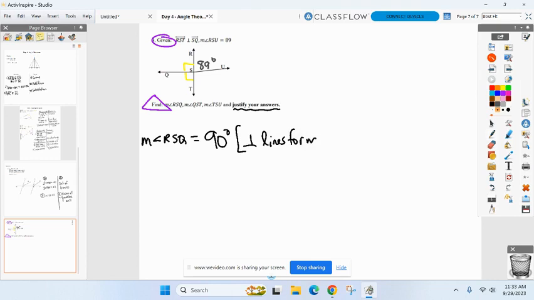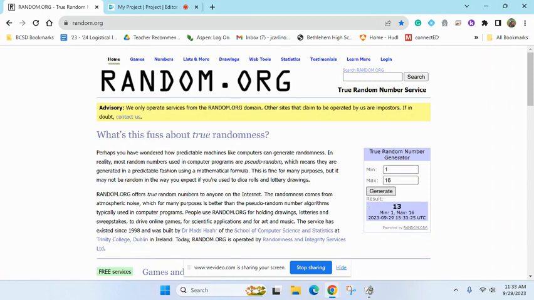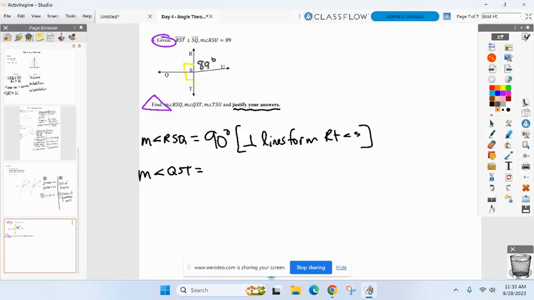All right. Be careful though. That was not given. We put it there for a reason, and this is why. How about the measure of angle QST, the next angle? 13. Why?